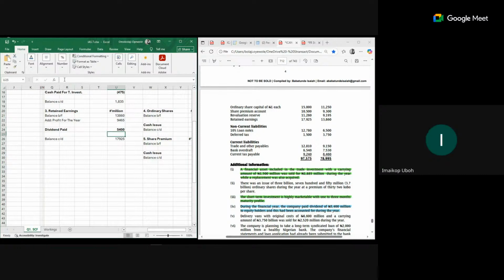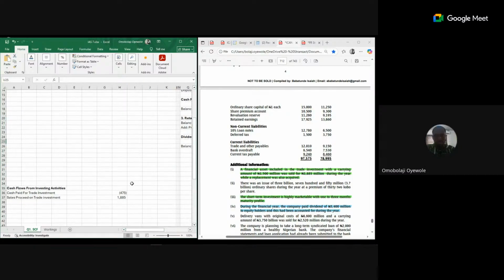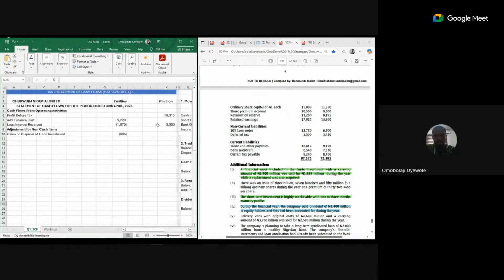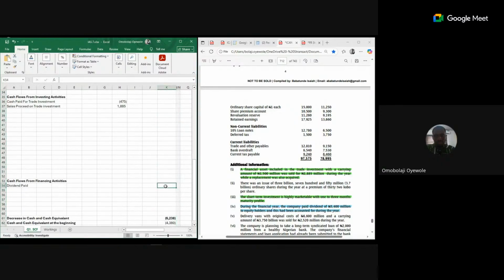I know it's supposed to be a negative, but anyhow. Supposed to be a negative. Yes. But it's fine, 5.4. Dividend paid is 5.4.